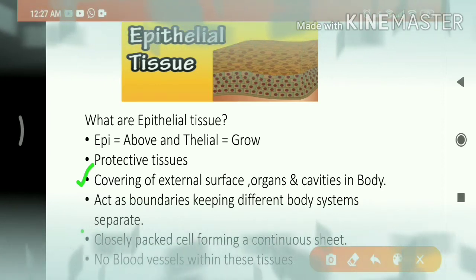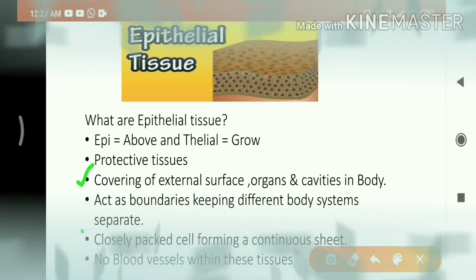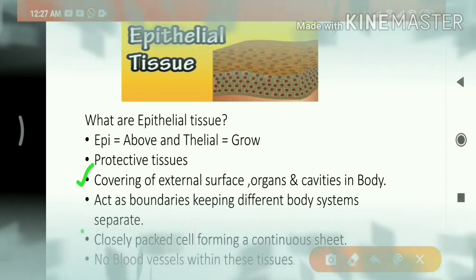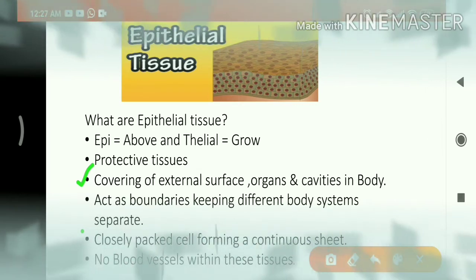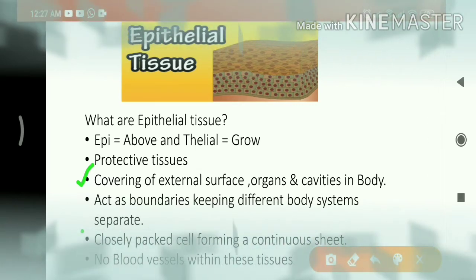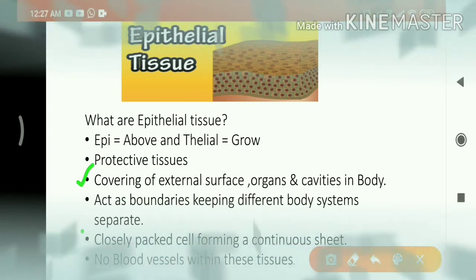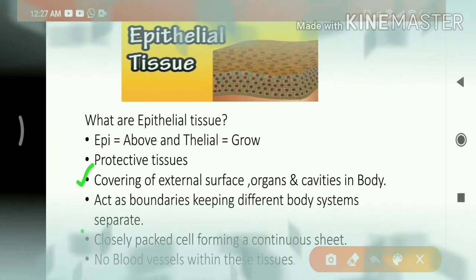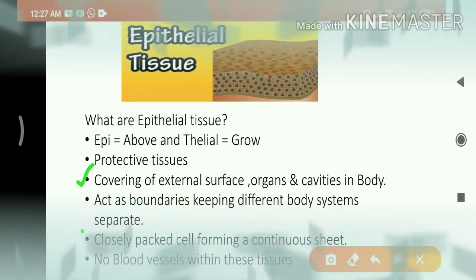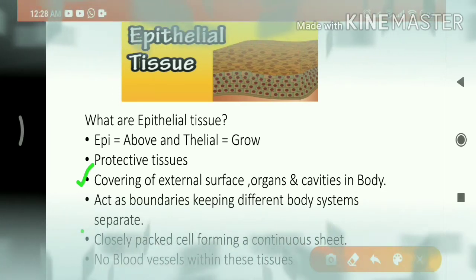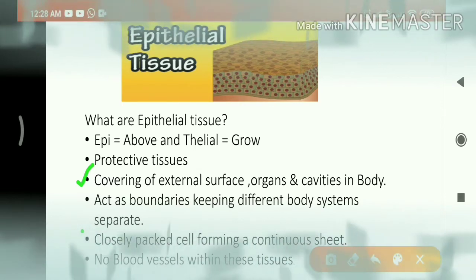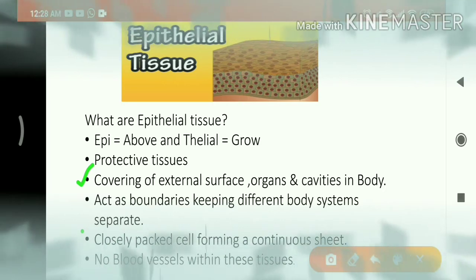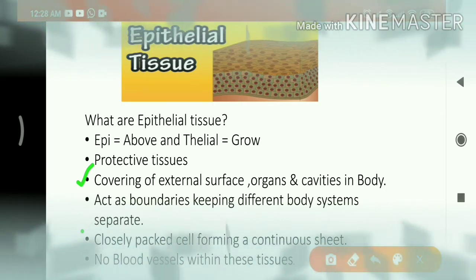The next point: they are made up of closely packed cells forming a continuous sheet. You can see in this picture, this is the epithelial cell. All cells are closely packed.